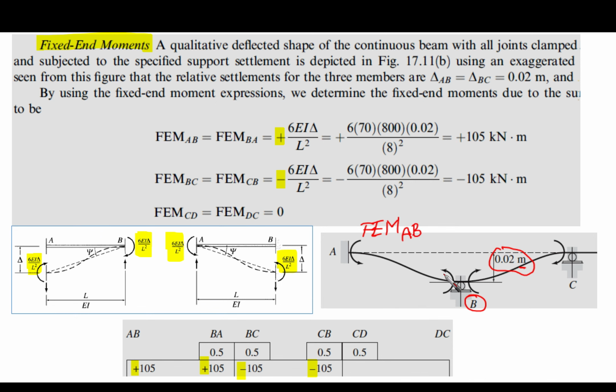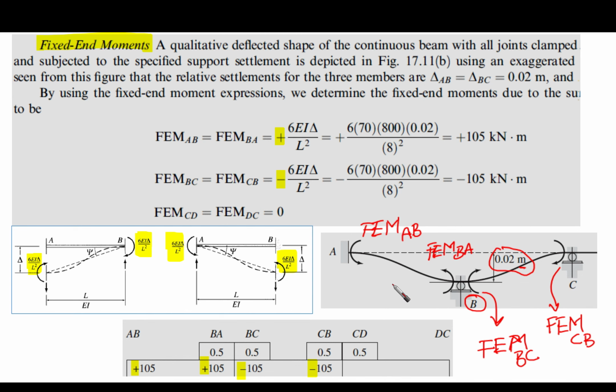And here we have a fixed end moment that is going to be developed at B, so we are going to call it FEM BA. Similarly, for this span, the moment developed here is the fixed end moment denoted BC, and this one is the fixed end moment CB.